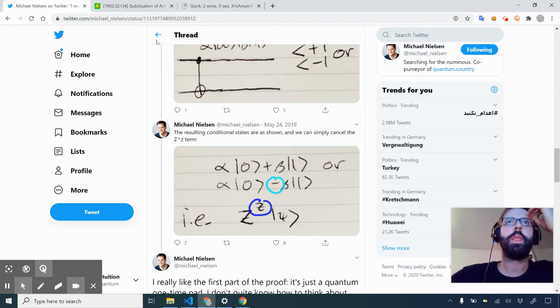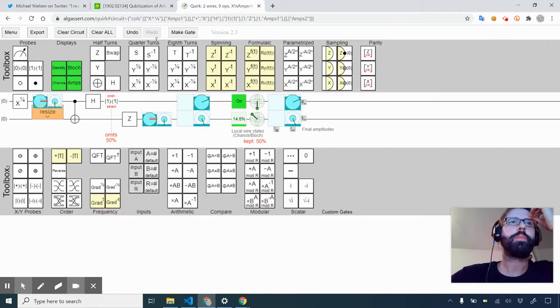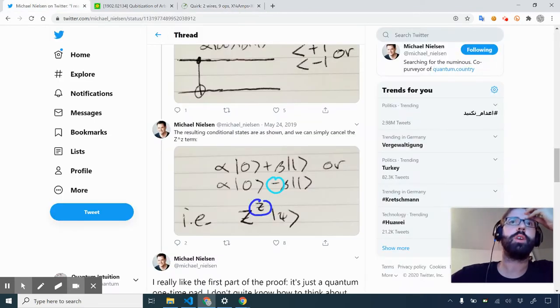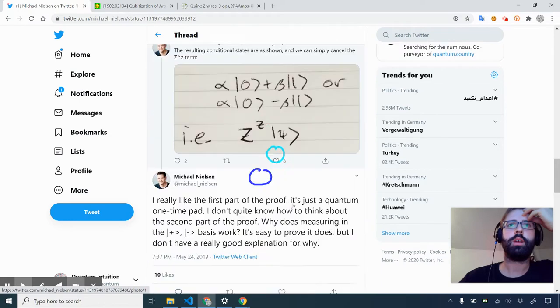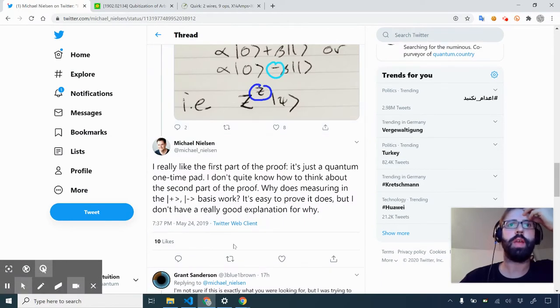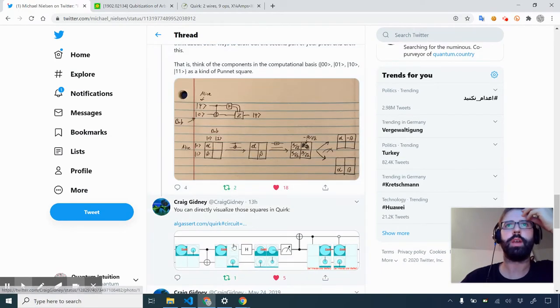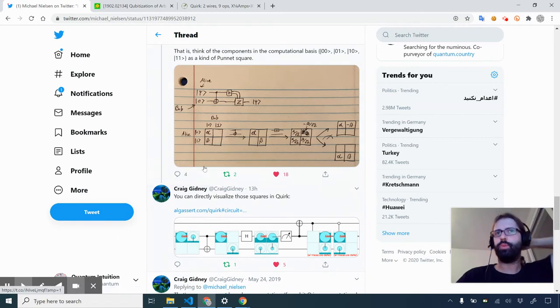And so why is that, right? If you do the algebra, then you see that it works, but there's no clear intuition for this. There are some nice notes made by Grant in here, and it's funny because it's really a similar representation to what Quirk is using.